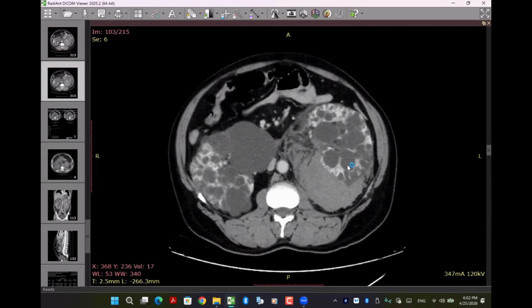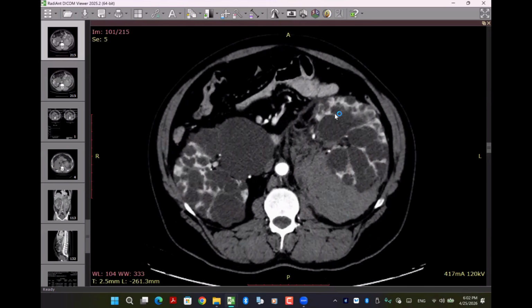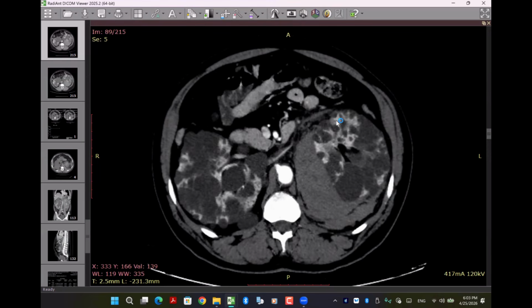With urinoma formation. We are actually missing one very important thing inside this study, the delayed image. But let me scroll with you one thing and just tell me what is this?